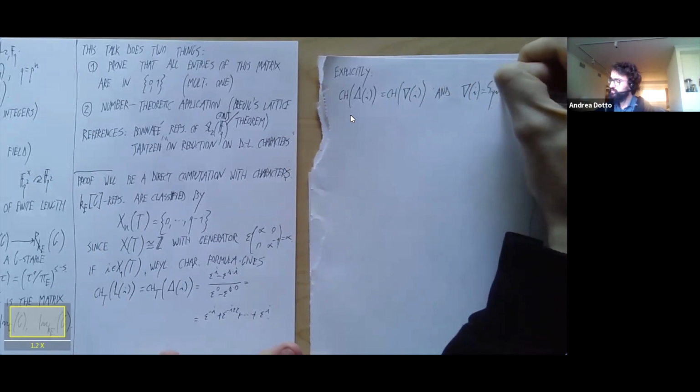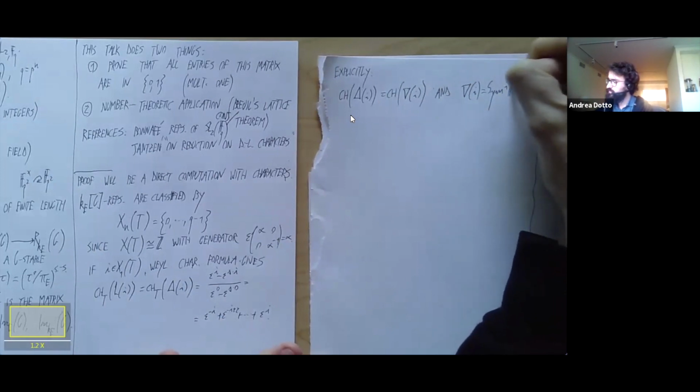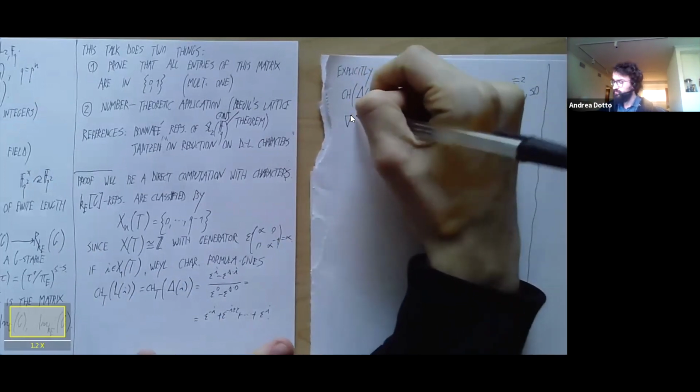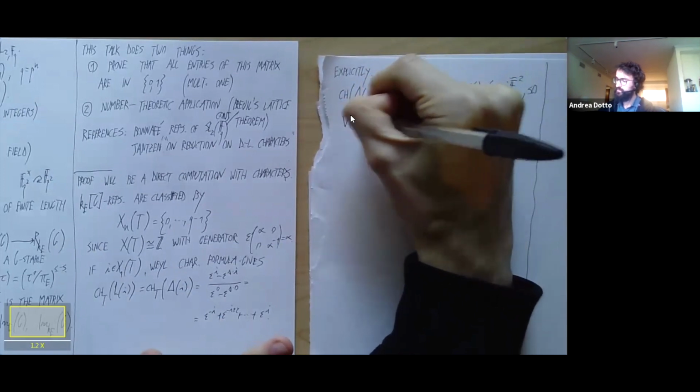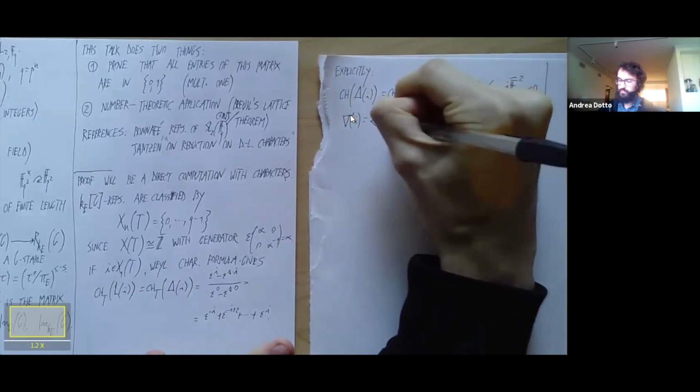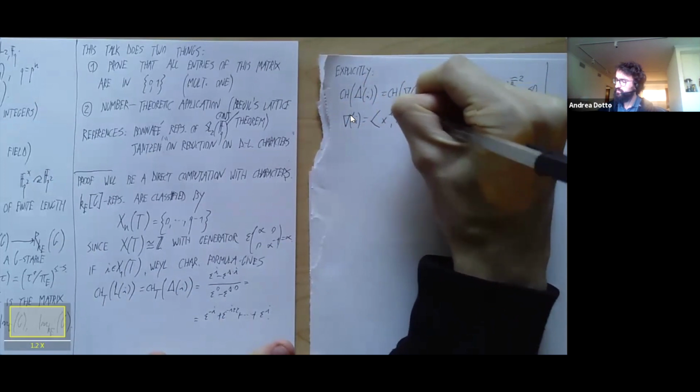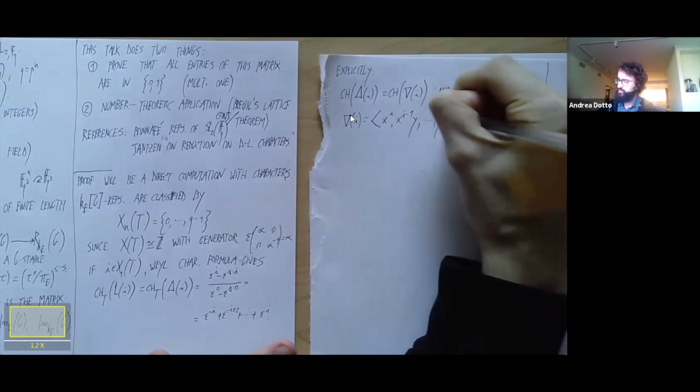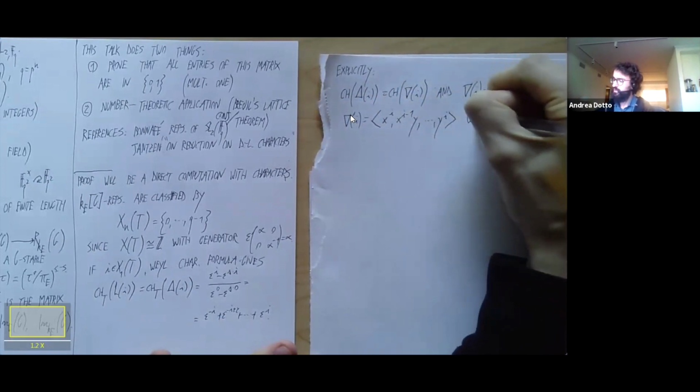So this nabla is just Sym^i of F_p-bar squared. And of course, there is an explicit basis for this, and you can just compute everything. So this is given by monomials of this kind, with explicit action of the matrices in the torus.